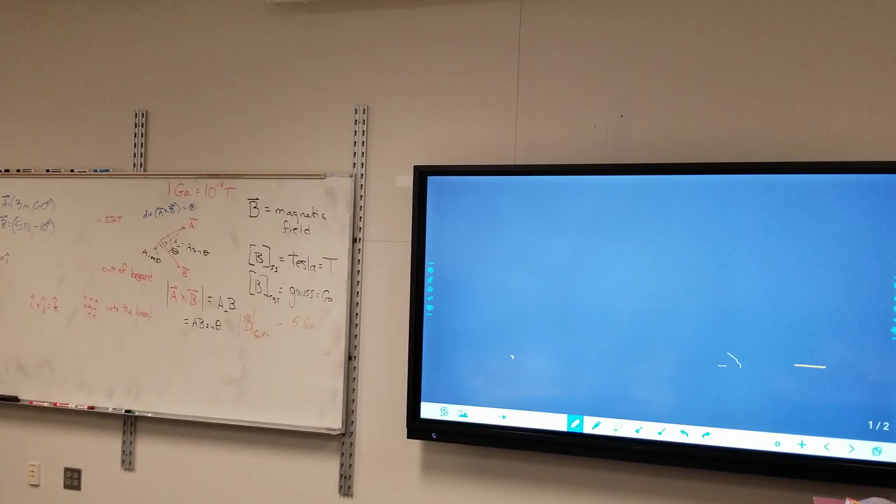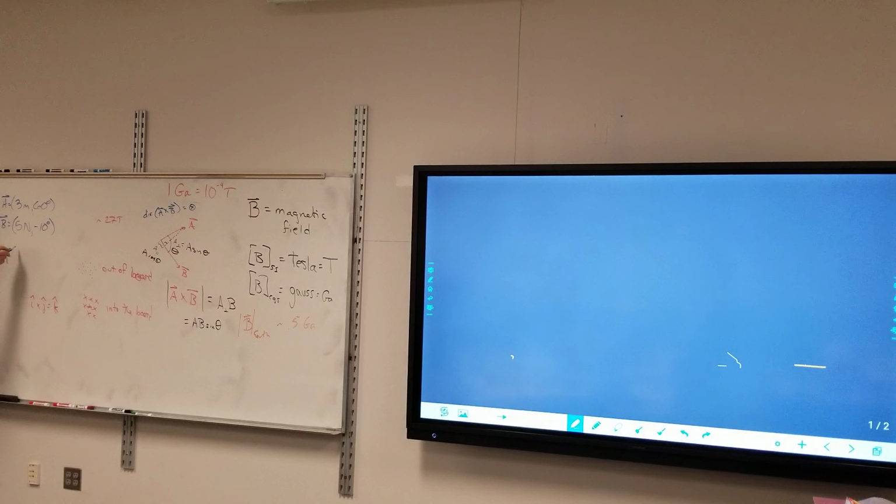Into the board, out of the board. The dot is out of the board, the cross is into the board. Think of it as an arrow. If an arrow is being shot at you, you see the point. If it's going away from you, you see the feathers. It's a memory trick, and no, arrow feathers are not crossed like that.